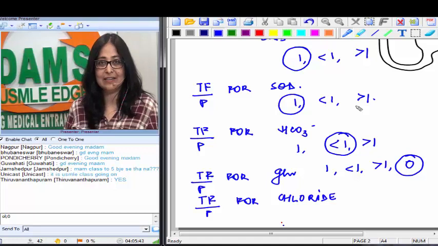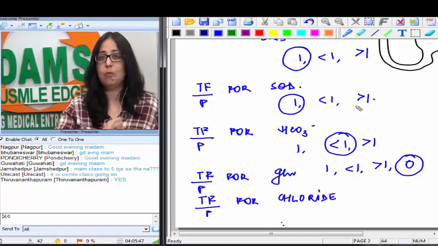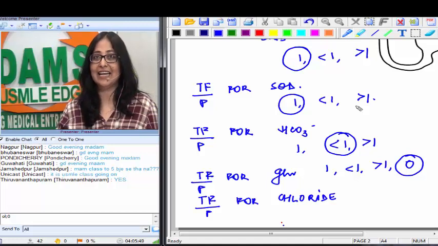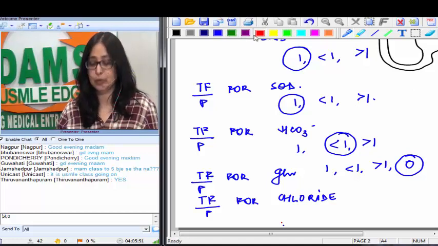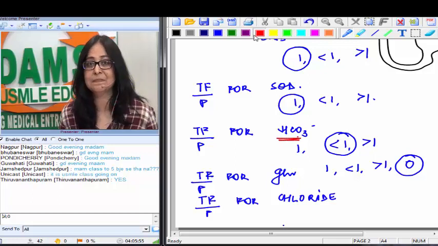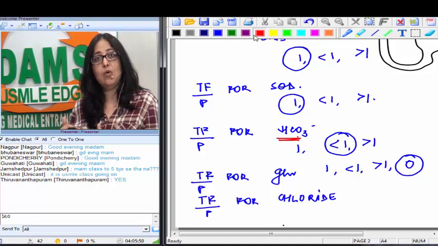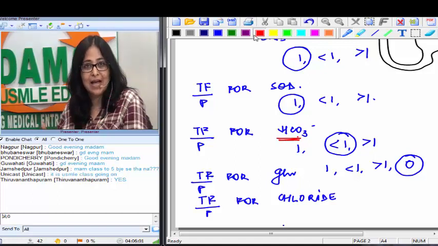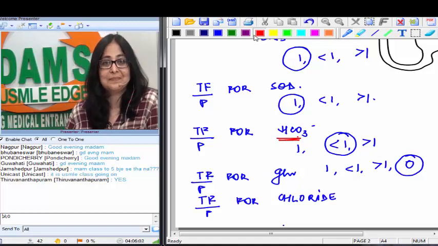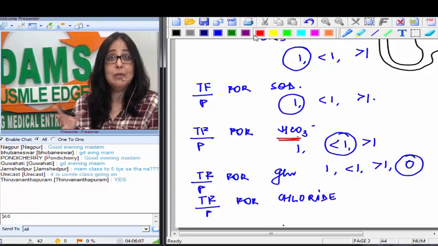Now what happens here is, in the PCT there is another negative ion which is absorbed to a very large extent, and that is bicarbonate. Bicarbonate, we've already discussed, is absorbed to the tune of 90%. So the absorption of chloride now lags behind the absorption of sodium. So what's going to happen now? See, normally what do we expect?